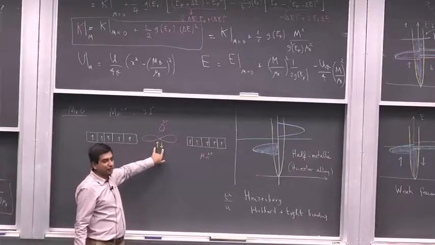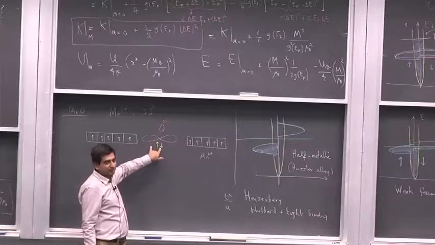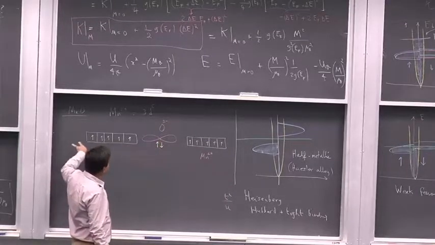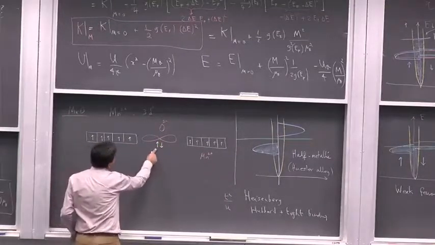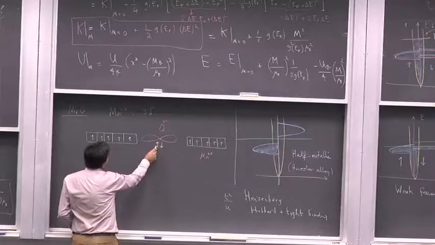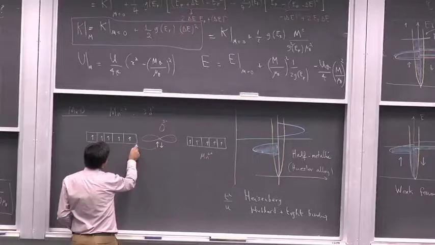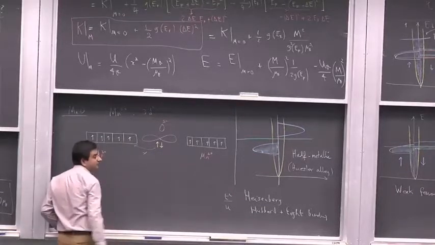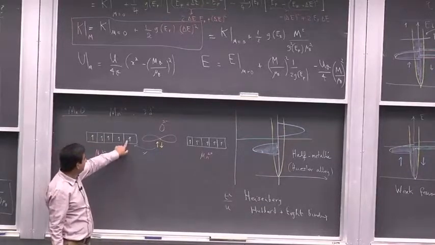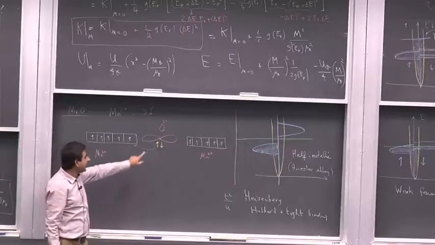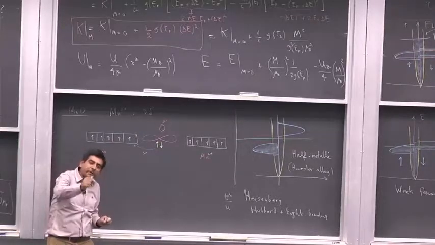Now if you look at these two electrons, they are anti-aligned because they're in the same orbital. If you have this configuration, this electron cannot go here because the spins are parallel, and any hopping preserves the spin.